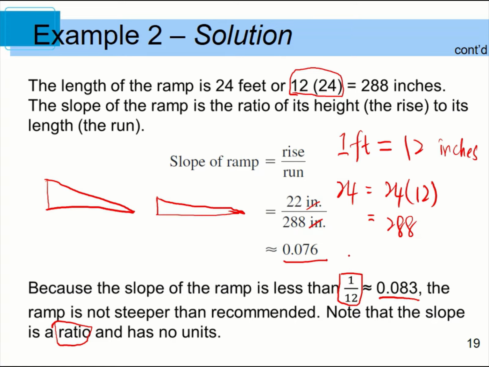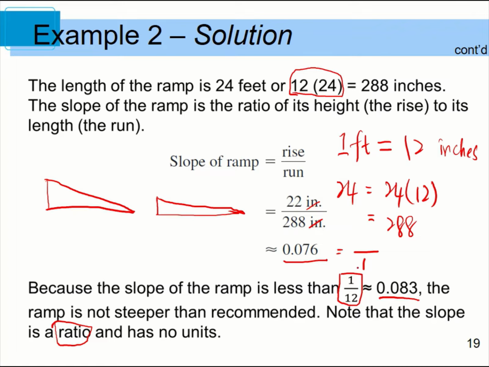This ratio shows that when the x, the horizontal distance, differs by 1, the difference of y is 0.076.